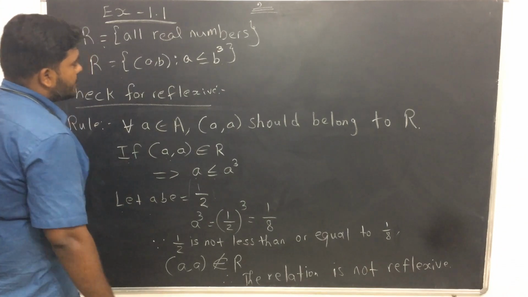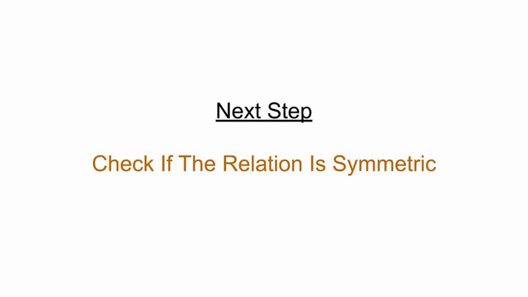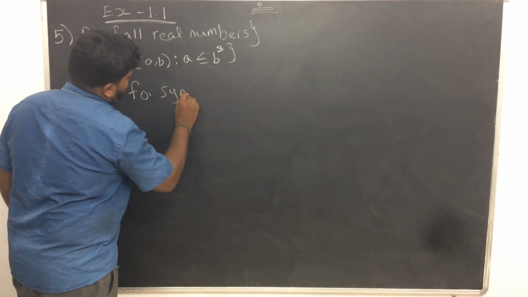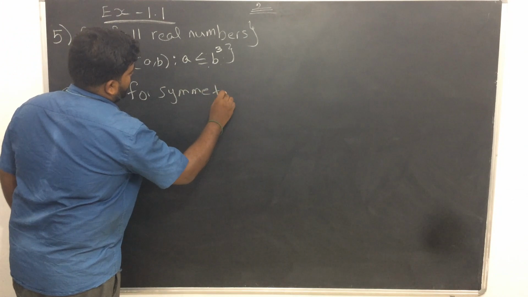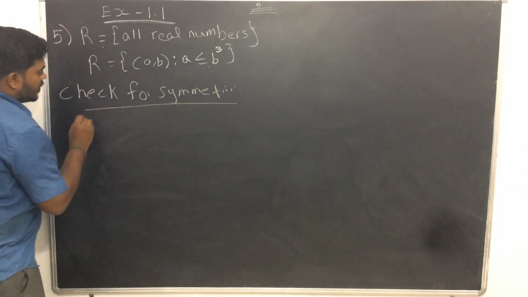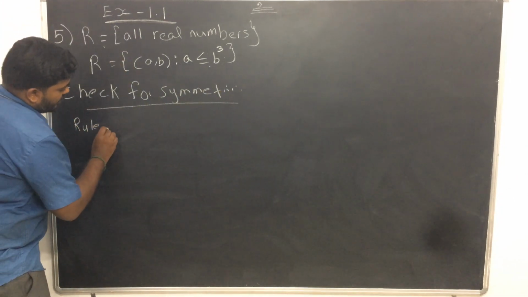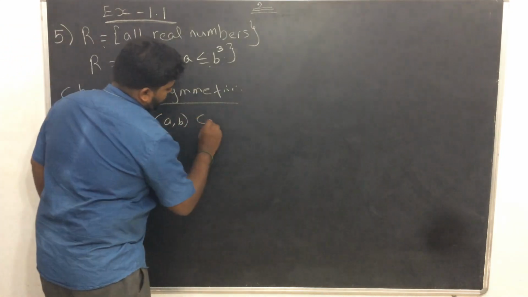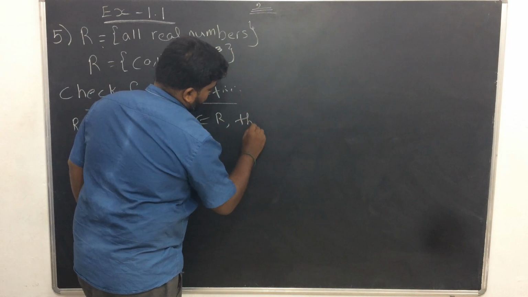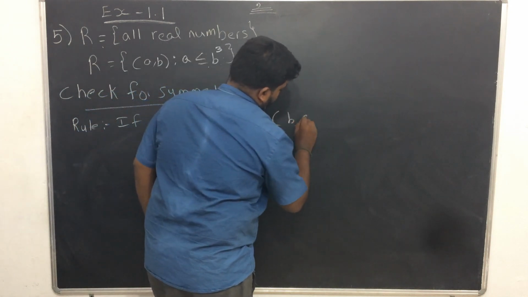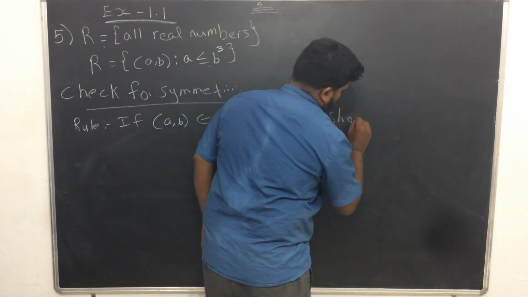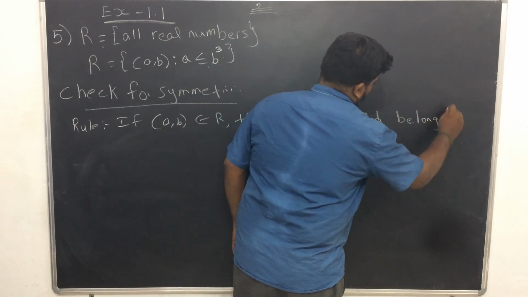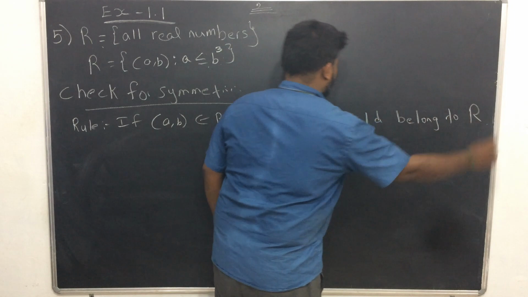Okay. Now, let's check for symmetric. We are done with reflexive, and we will now check for symmetric. What is the rule for any relation to be symmetric? If (a, b) belongs to R, then (b, a) should belong to R. This is the general rule for any relation to be symmetric.